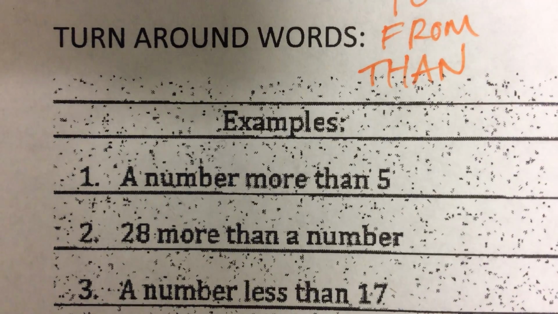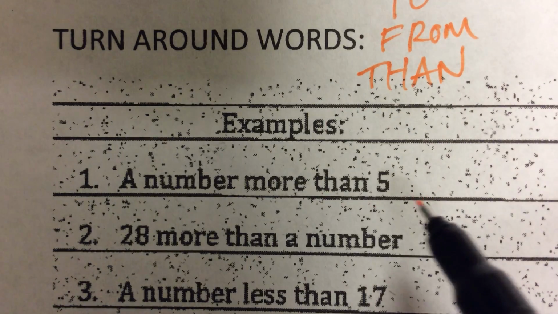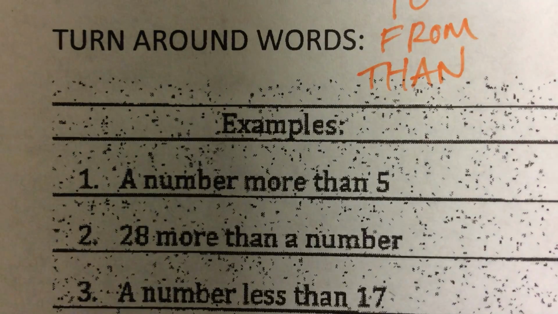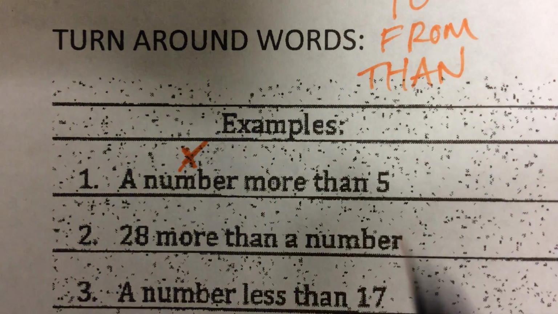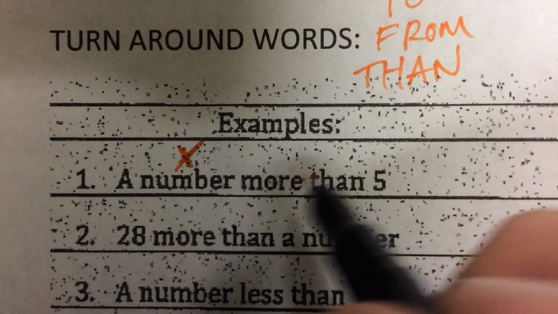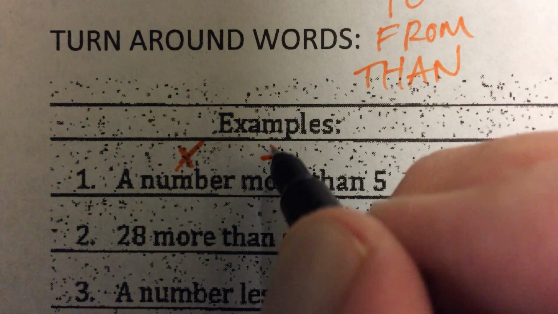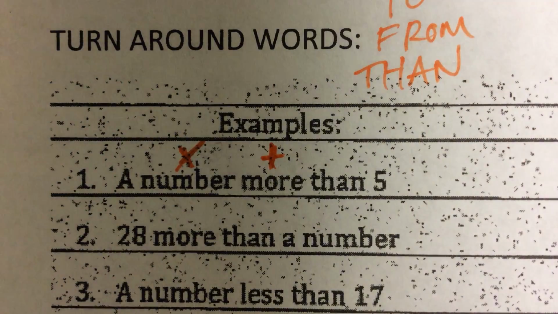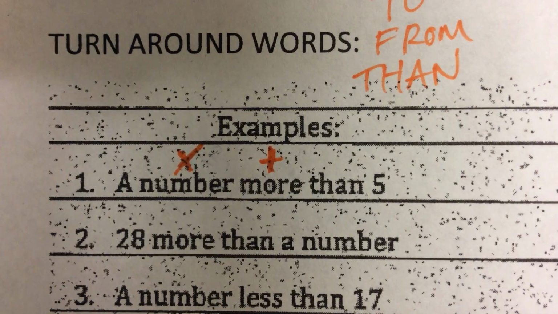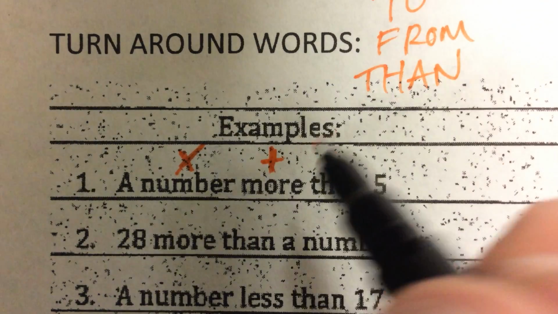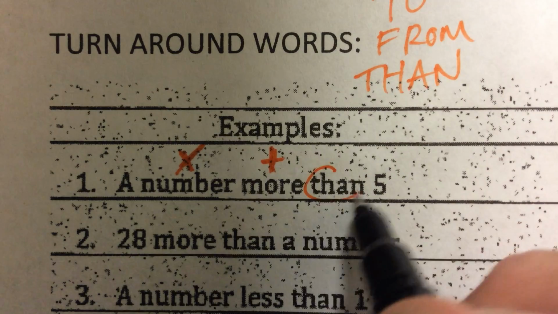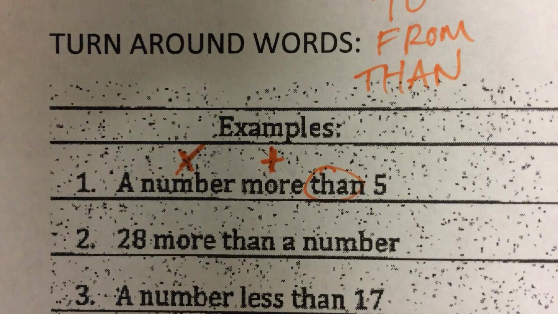On your paper number 1, we have a number more than 5. So a number, we can use x to represent a number. More, if you go back and look at the words that we talked about yesterday, more means to add. Than is one of our turnaround words. Okay? These turnaround words, I want you to circle them to remind you that we need to flip things around.